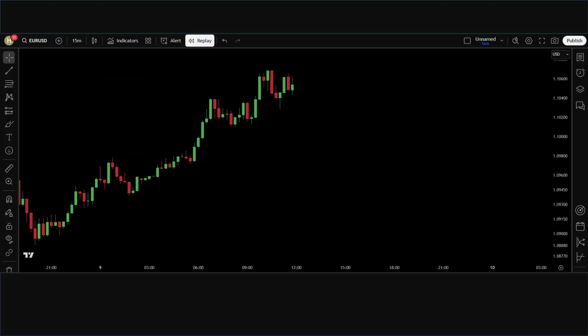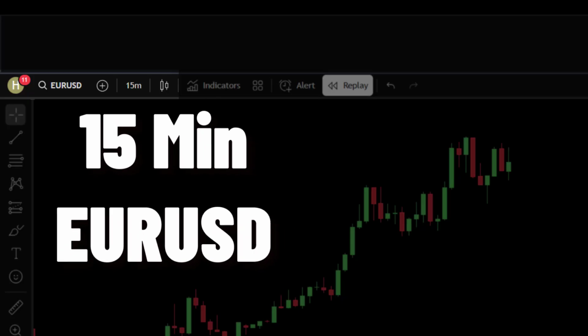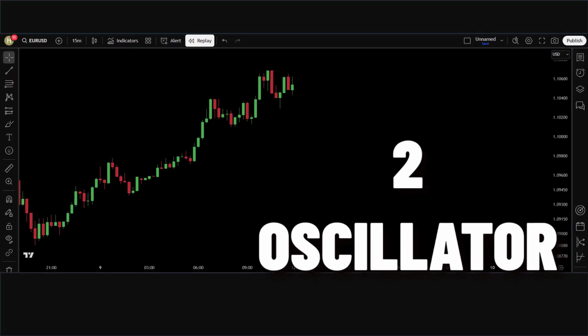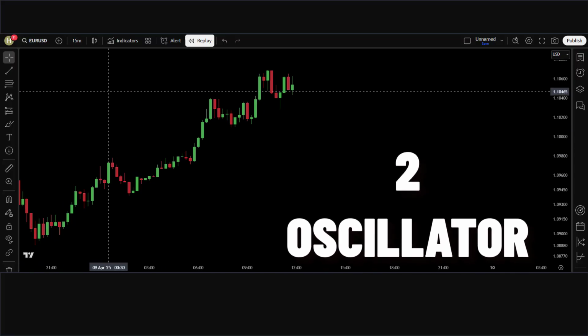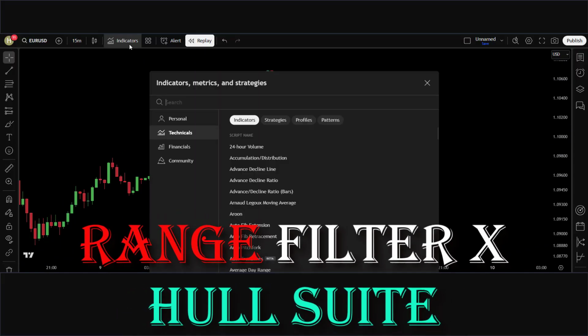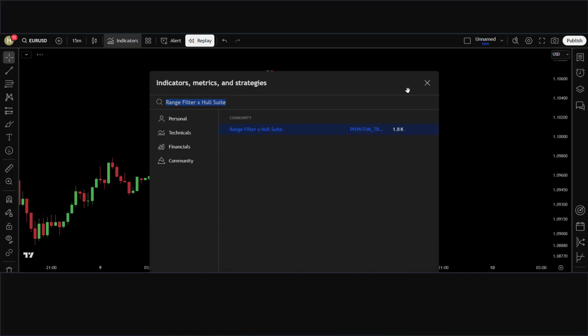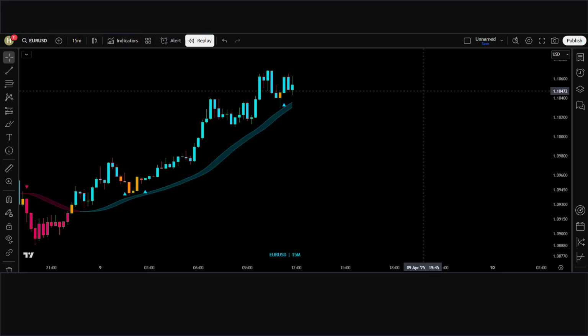So, let's get started. We are going to test this strategy on the 15-minute time frame on the EURUSD chart. In this setup we would require two indicators. The first indicator name is Range Filter X-Hull Suite. Keep the indicator settings as I have shown here.